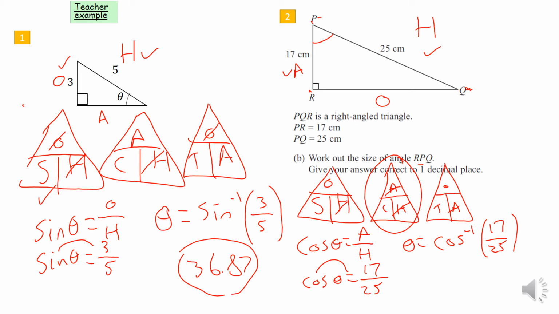We will insert that in our calculator by pressing shift. Remember to press shift before you press cos, otherwise the -1 will not come up. It will open up a bracket itself. Enter your fraction line, 17 at the top, 25 at the bottom, close your bracket, and then our answer is 47.16 to 2 decimal places. So angle RPQ is 47.16 degrees.